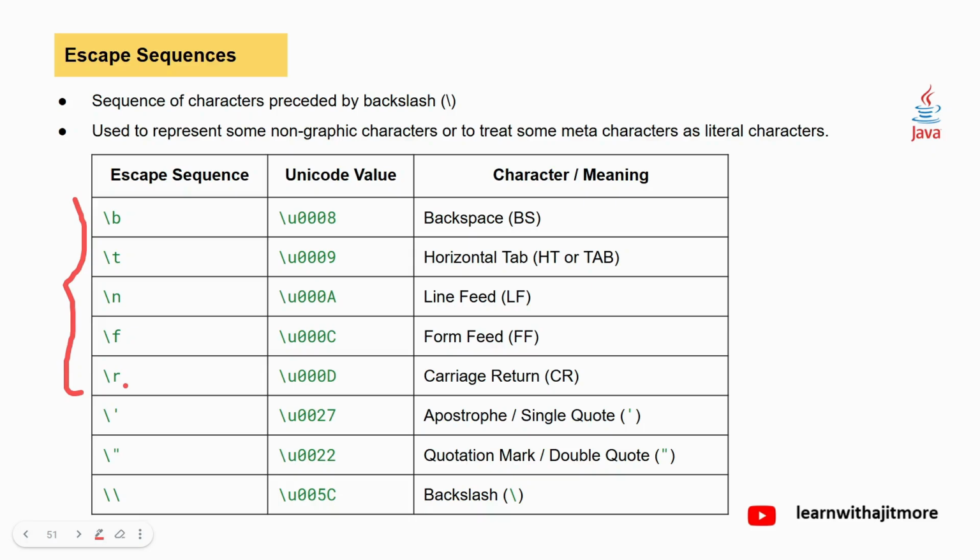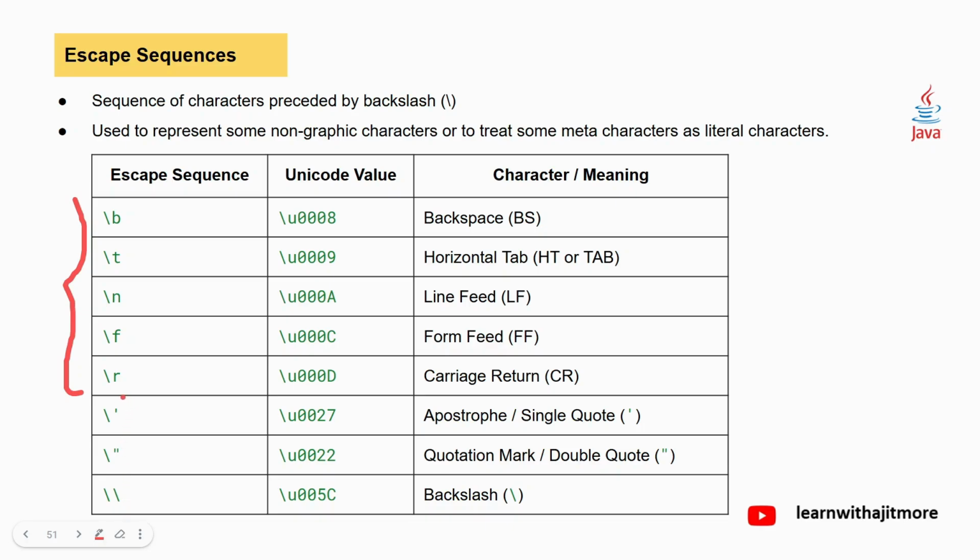Then slash r is like new line, but it doesn't bring the cursor to the next line. It brings it to the beginning of the same line. Understanding? Clear? And these three are meta characters. Single quote is a meta character, double quote is a meta character, backslash is a meta character.